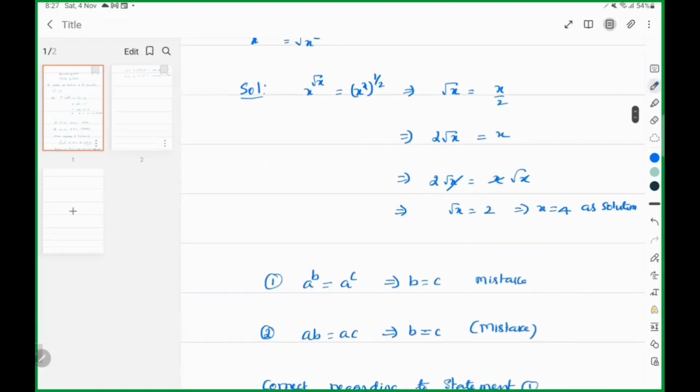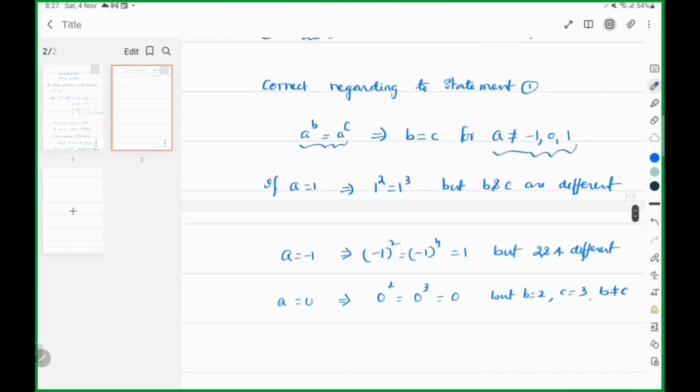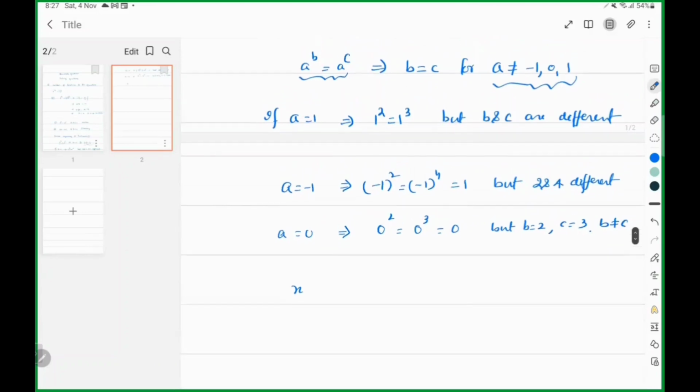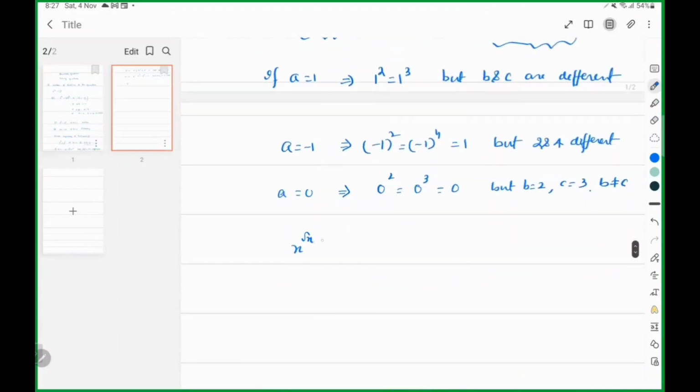So here, x power root x is x power x power half, which is x power x squared.